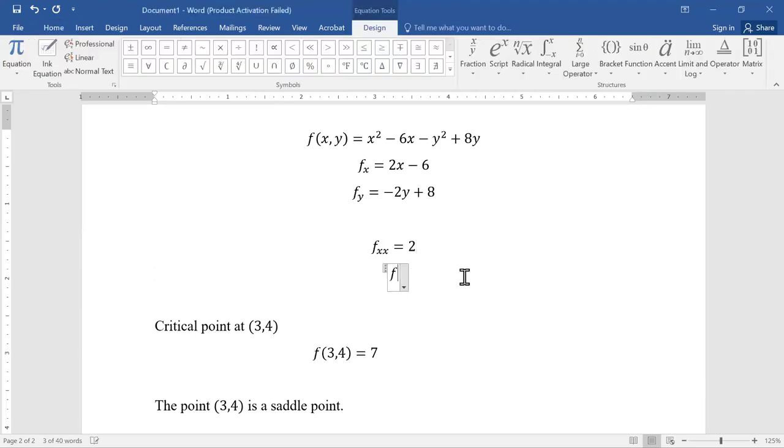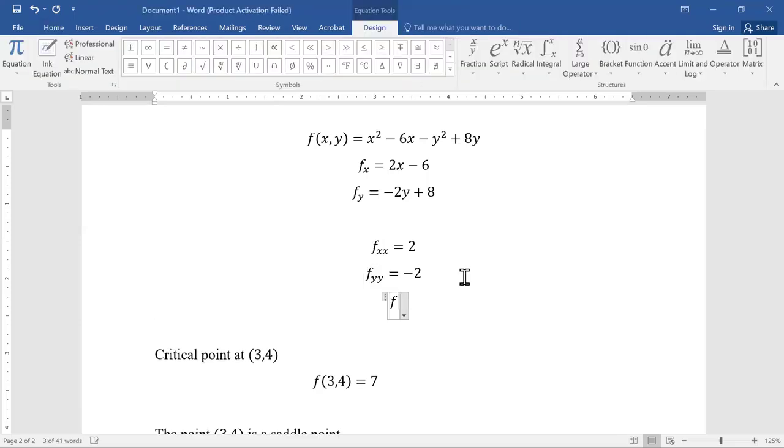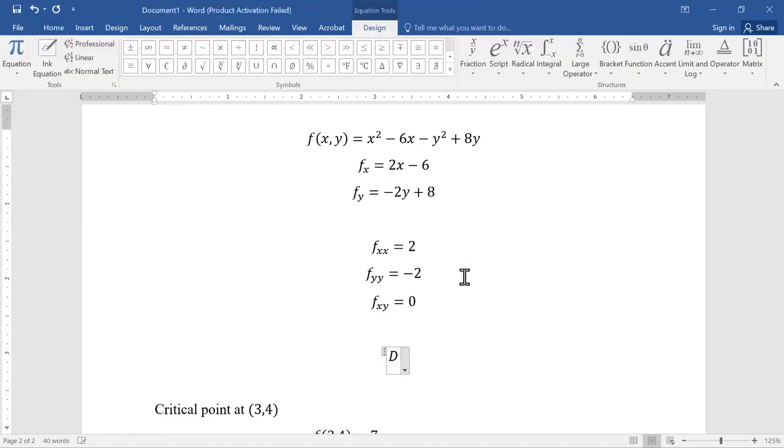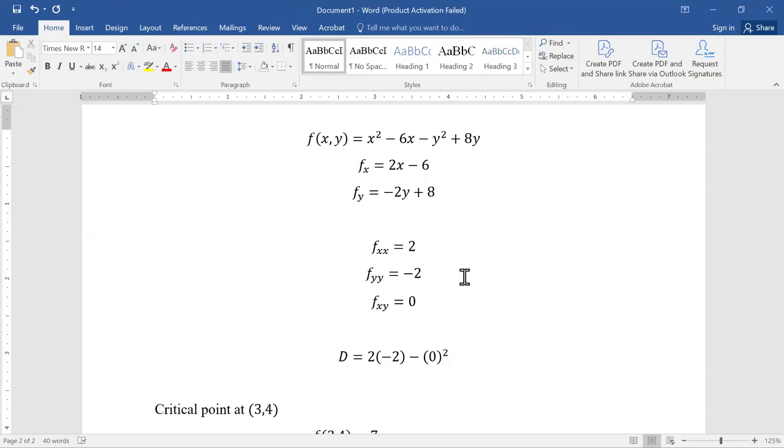Then we take the second derivative with respect to y, f sub yy, that's a negative 2. And then we take f sub xy. That becomes 0. So the D is going to be 2 times -2 minus 0 squared, which is -4.